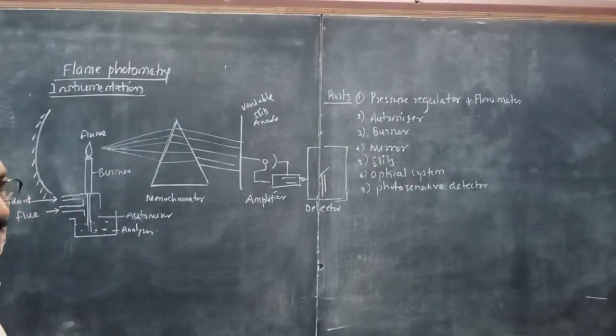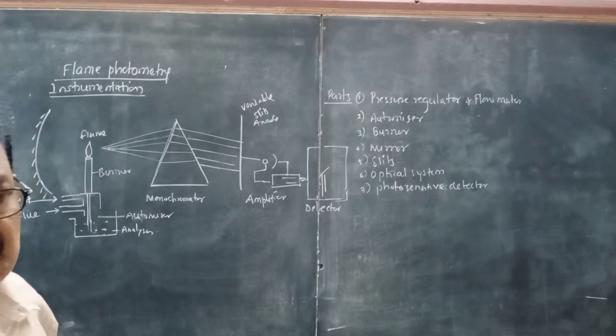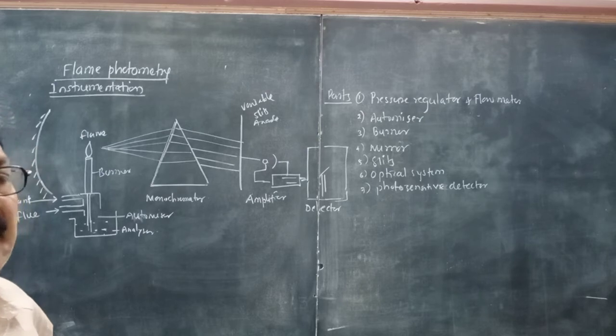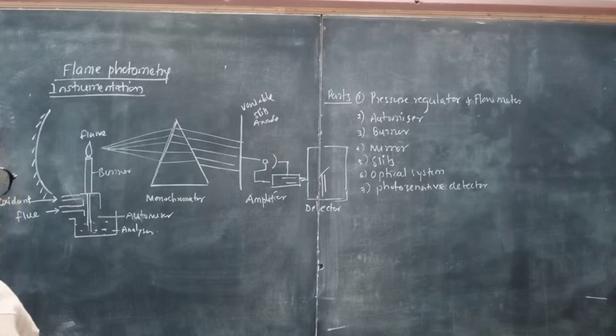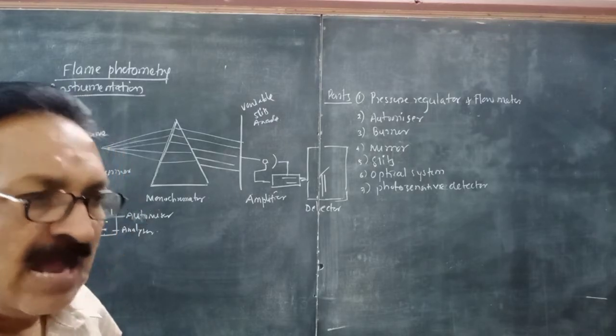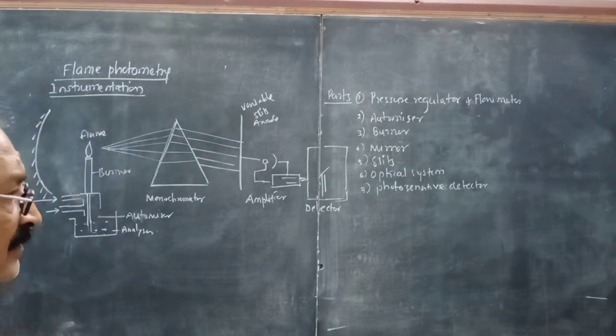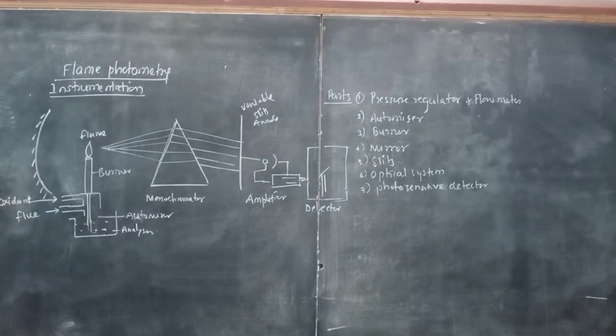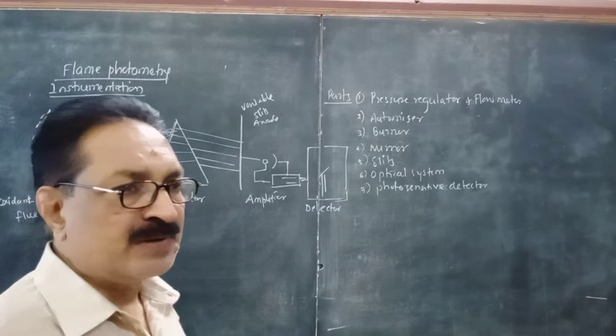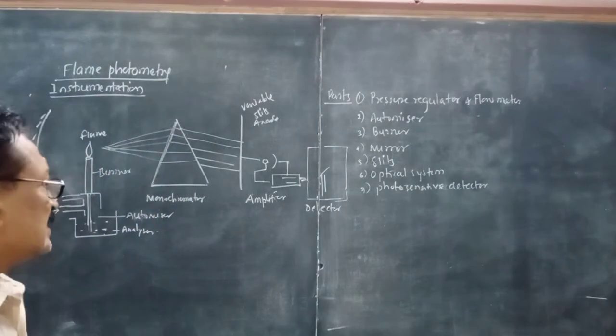After that, when they return back, they emit the radiations. The intensity of the emitted radiation gives the amount of the element present, and depending upon the wavelength as well as the color, what element or radical is present can be detected very easily.